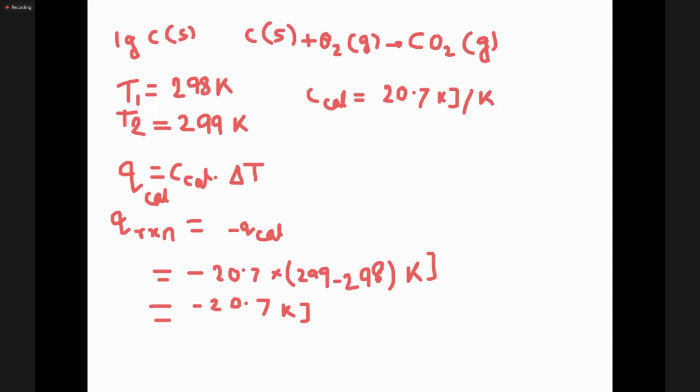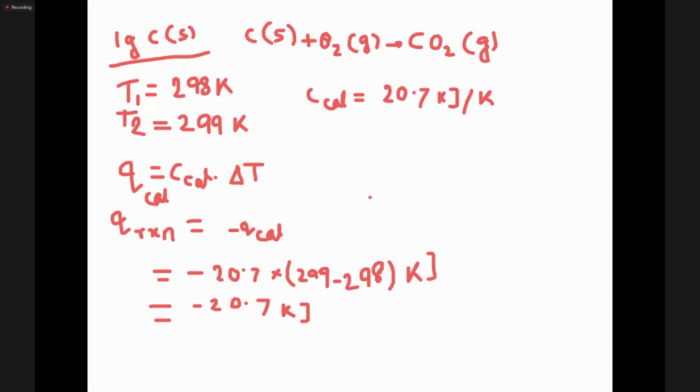Now for combustion of 1 mole of graphite, we have 12.0 gram per mole into minus 20.7 kilojoule. We have been given 1 gram of graphite, but the question asks what is the enthalpy change per mole. So 1 gram corresponds to how much amount of graphite?